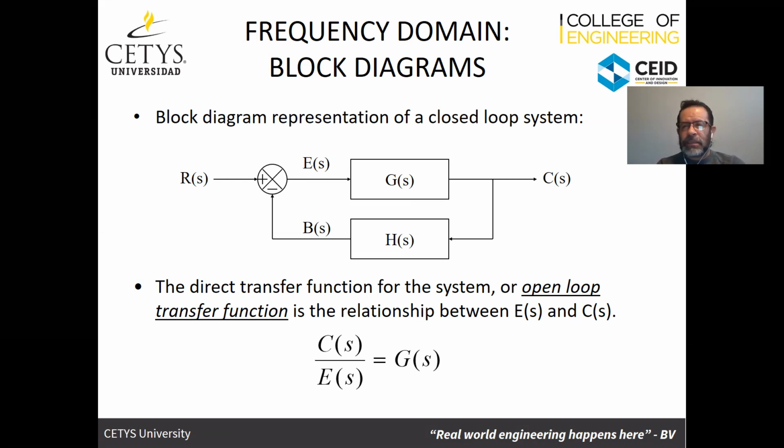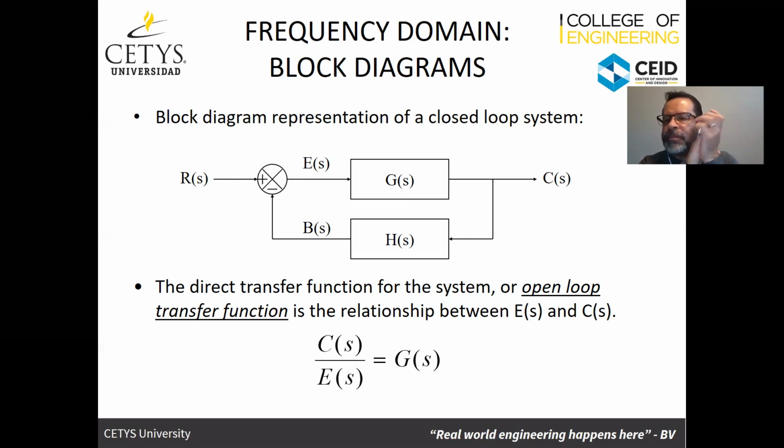And let's analyze a little bit what components we have there in this closed loop system representation. By the way, the letters that are being used and the terminology, that's usually standard control systems terminology.